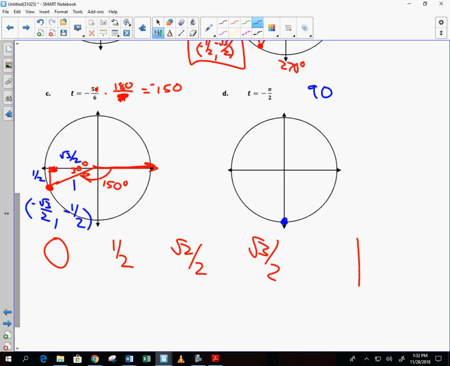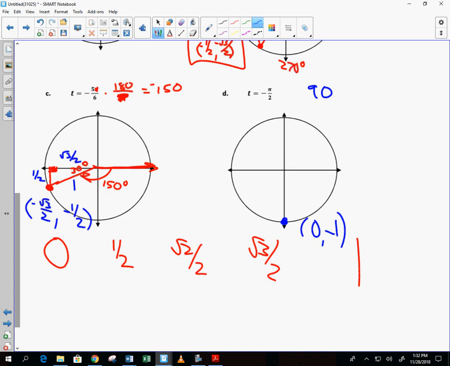I don't need to draw a triangle. We've already figured out what that spot is. What is that spot? 0, negative 1. If you end up on one of the axes, you don't have to draw a triangle. It's just for the ones where you don't end up on the axes, you have to draw the appropriate triangles.